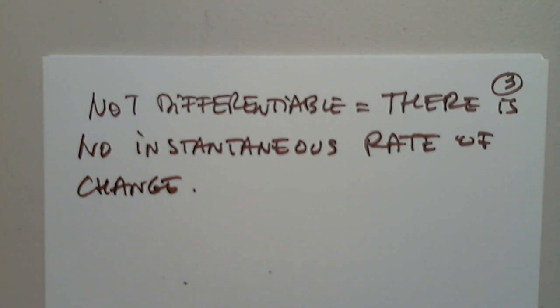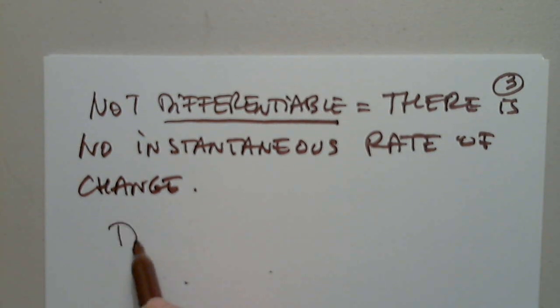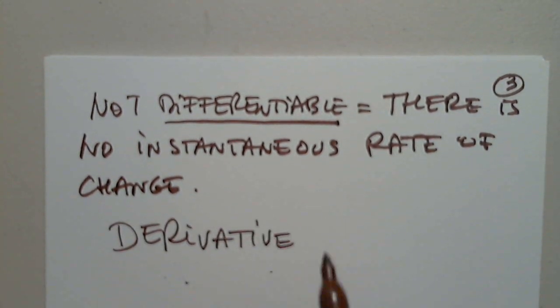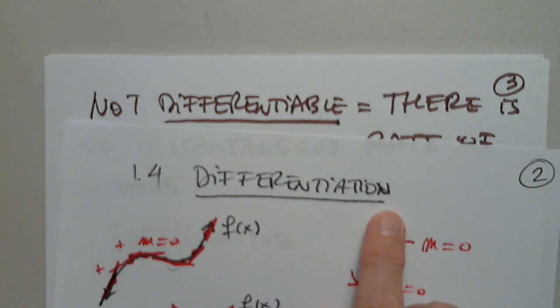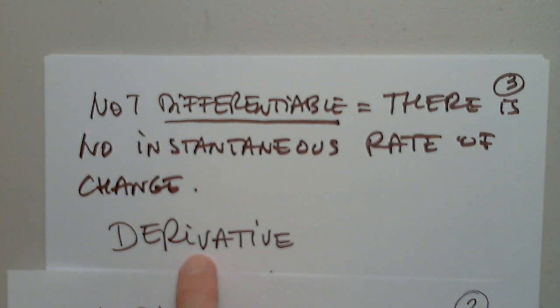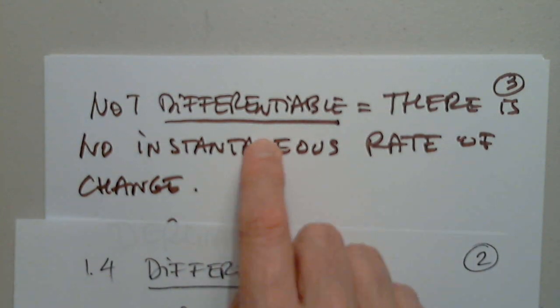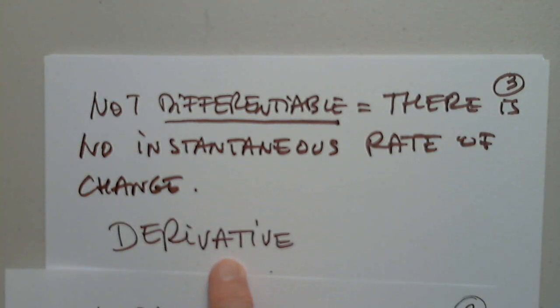Now, something extremely important is our next step, the derivative. We used three fancy words. Differentiation is the process of finding the derivative. Differentiable means where a function has a derivative.